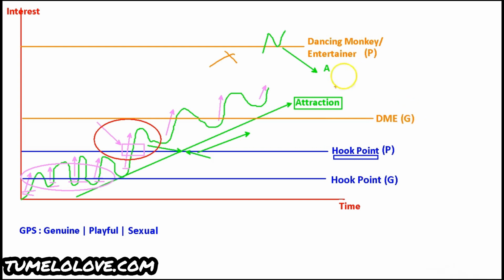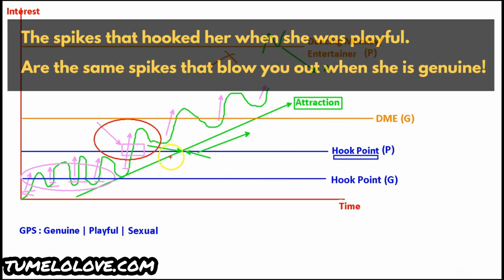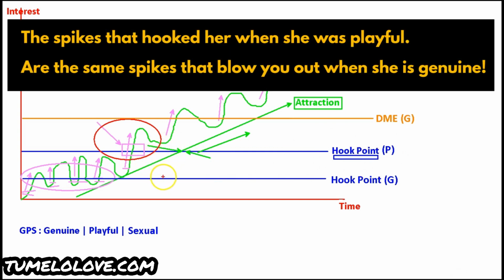So as you can see now, the same spikes of emotion that got you past her hook point when she was in a playful vibe are the same spikes of emotion that actually blow you out when she's in a genuine vibe.